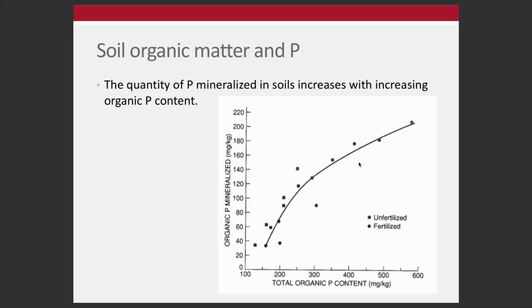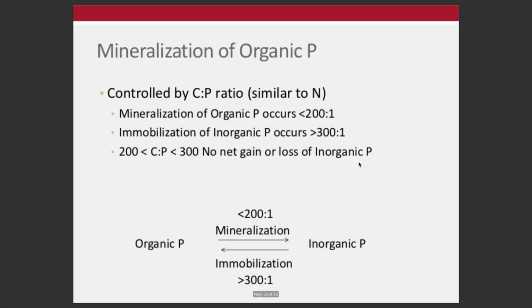That's again just how big is that organic P pool and how fast is it turning over? We're going to get mineralization from that. So building organic matter in general will typically build organic phosphorus, and as organic phosphorus builds, we're going to have more phosphorus availability.